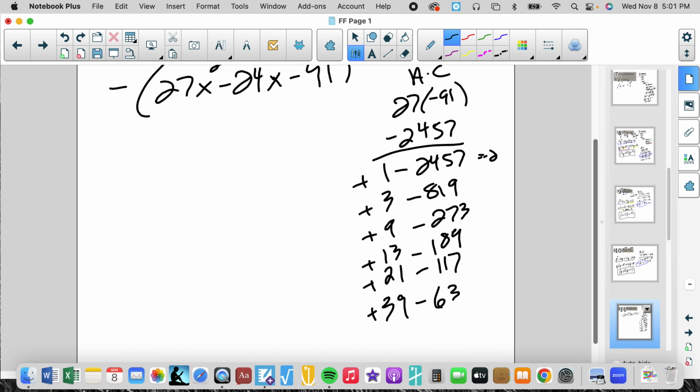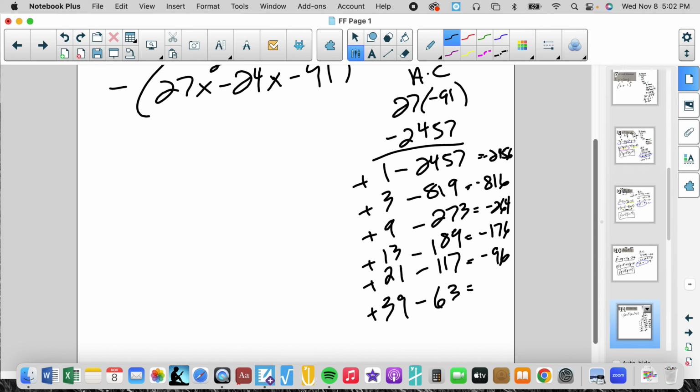This gives us negative 2,456. This gives us negative 8,16. This gives us negative 264. This gives us negative 176. This gives us negative 96.